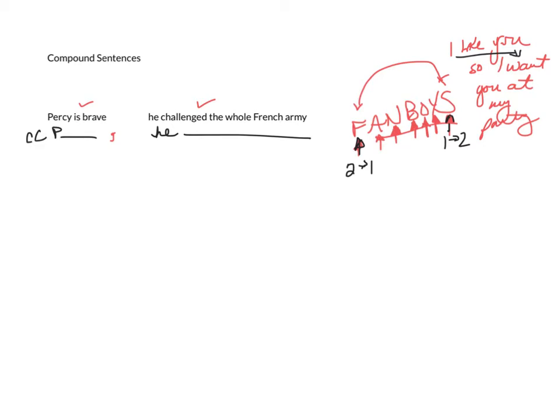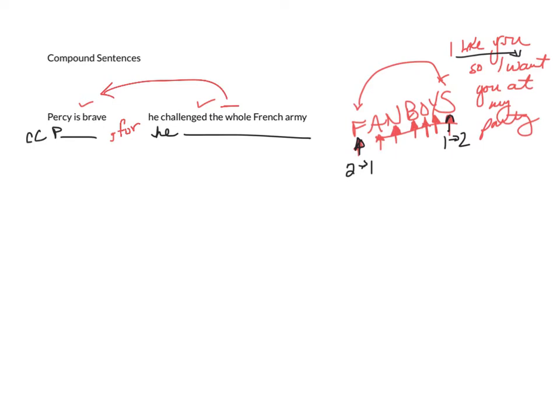Yeah, this is sort of my cause. This second one is causing me, this is my cause, and that's leading me back to having that effect. So I would say Percy is brave, for he challenged the whole French army. Okay, that 100% works. But comma for is a little unusual.